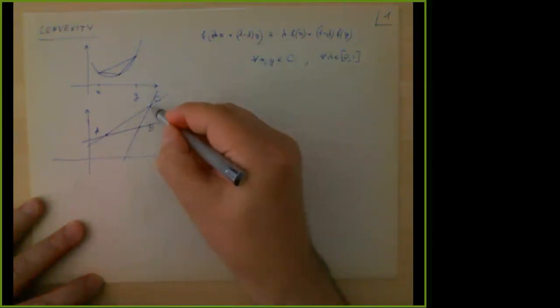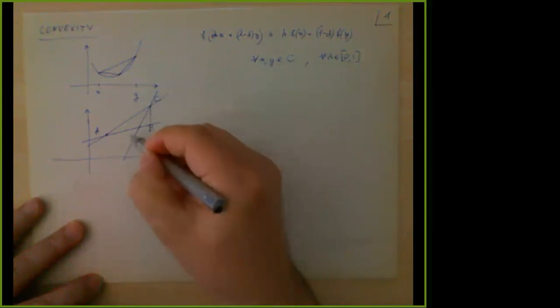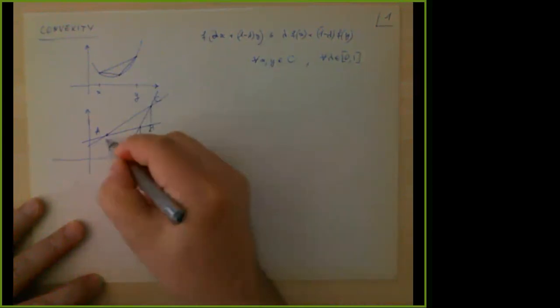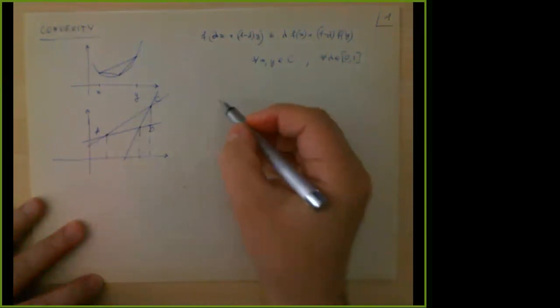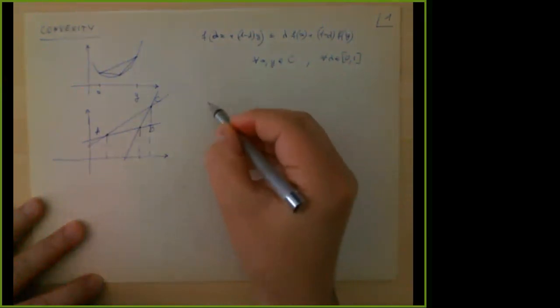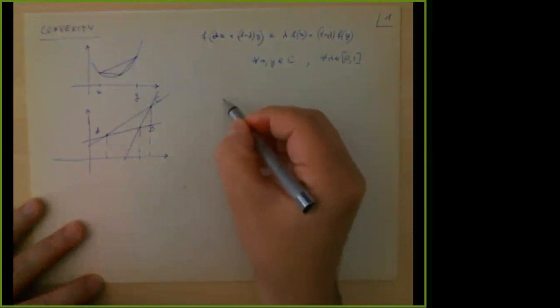And simply by elementary Euclidean geometry, we see several things of interest, but one that is enough for us is the following, that we have an equivalence between the following facts.